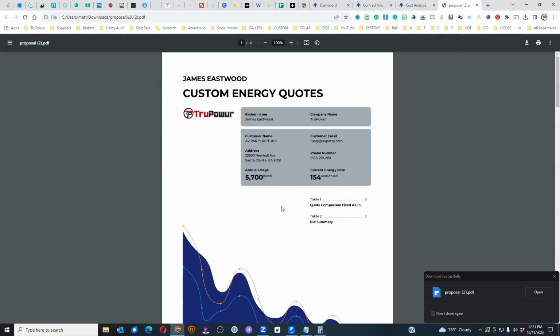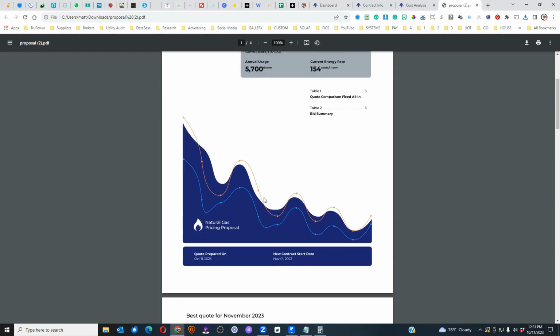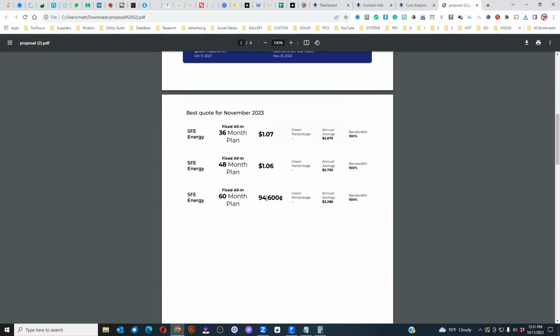So let's go ahead and open up the proposal. So it's got the customer's name, the broker's name, and what their current rate is in usage, and the 3 different contracts available. So you have 36, 48, and 60. So you can see that the annual savings on the 60-month term is $3,300 a year versus 27 or 26.